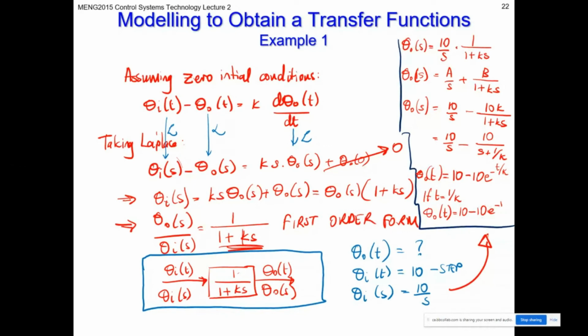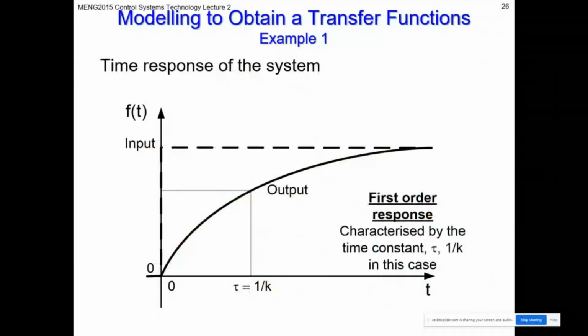So whenever you have a first order system and the time is equal to 1 upon k, the time constant, you're going to have a fixed output as a proportion of the input.